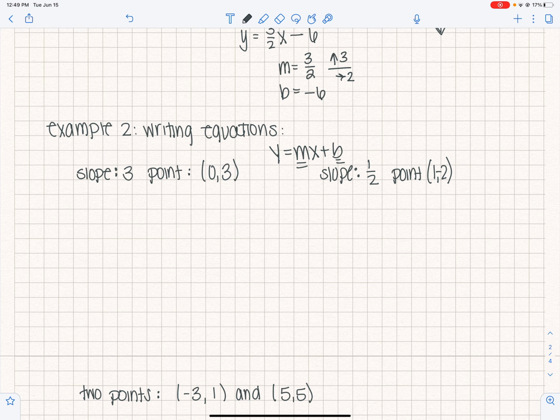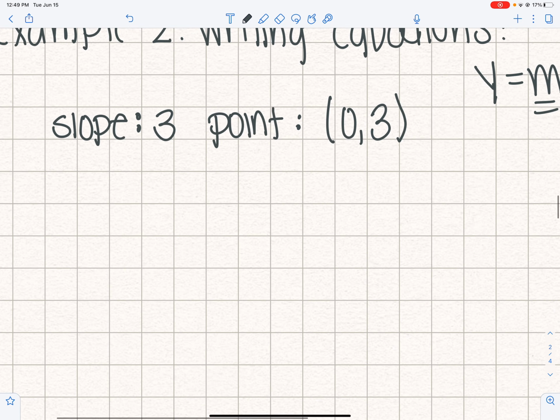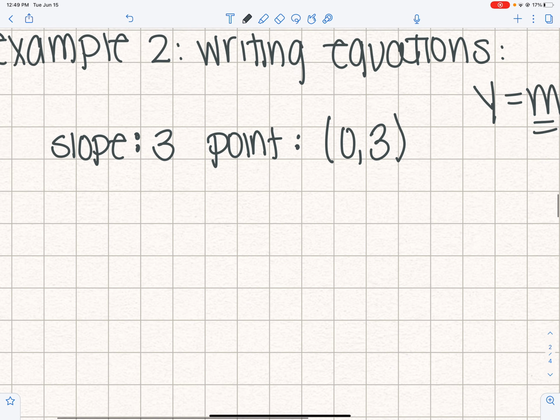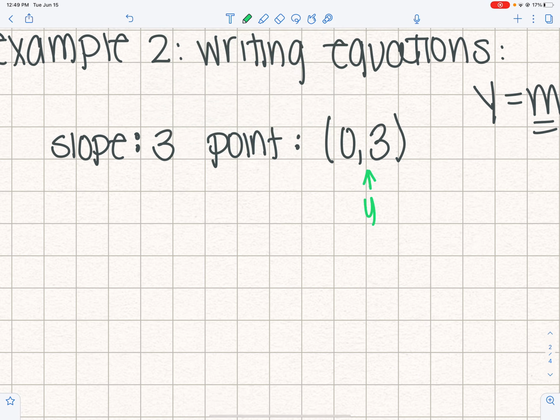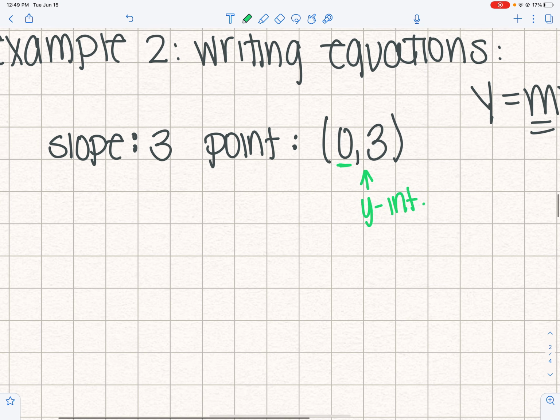m and b. So sometimes they give you b, like in this first example, slope is 3 and the point 0, 3. So they tried to trick me because this is actually the y-intercept. And I know that because it's the point 0, y, or 0, b. If you ever see a 0 there, that's telling you, hey, this is the y-intercept.